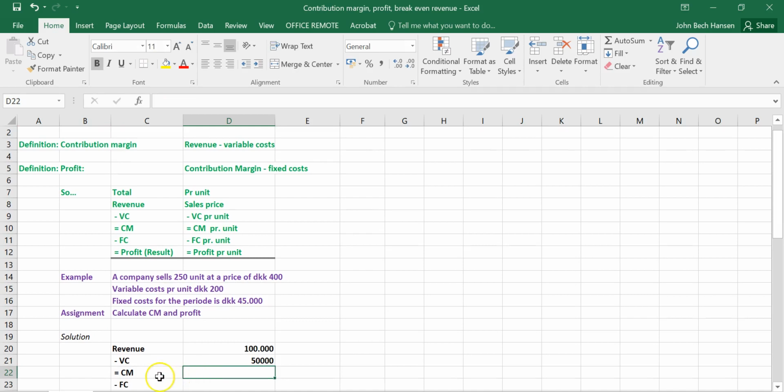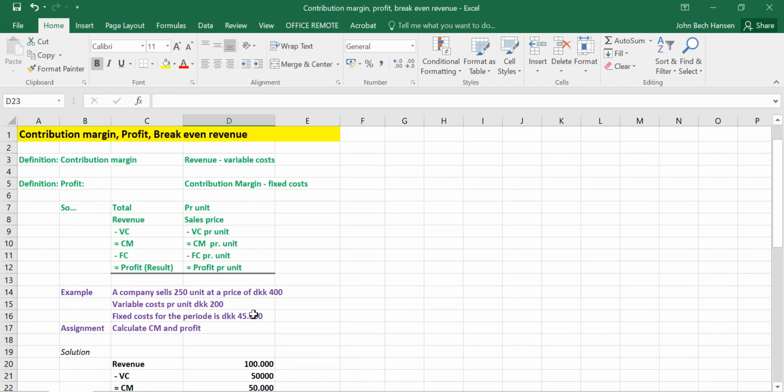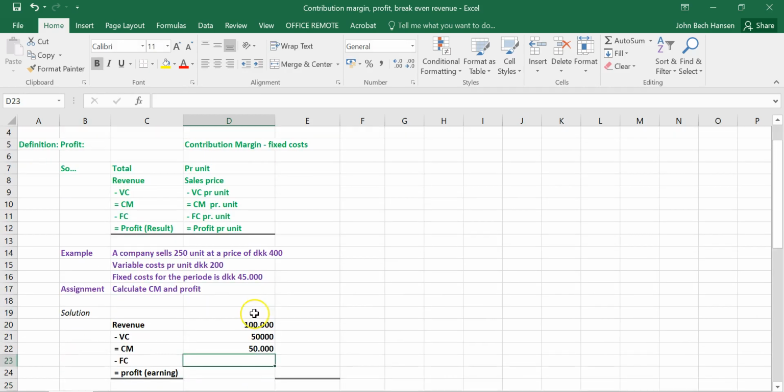Okay, and now I can deduct the 50,000 from 100,000, and I have a contribution margin. And the fixed cost, we were told that was 45,000. So I'll just type that in, 45,000, and I can deduct that from the contribution margin. And I have a profit of 5,000.